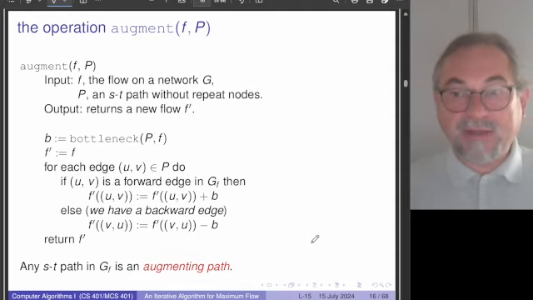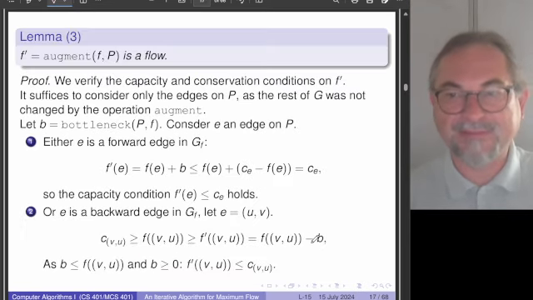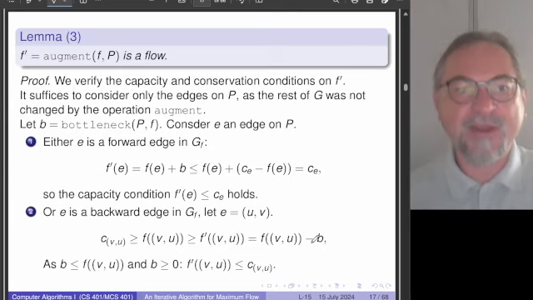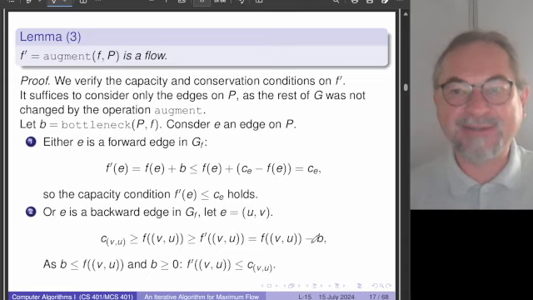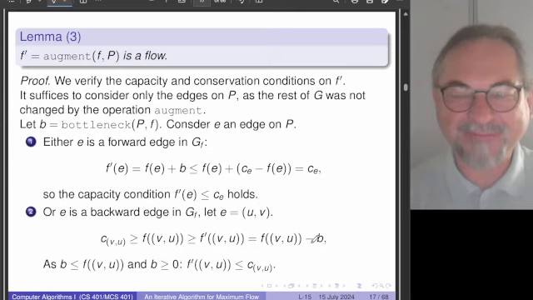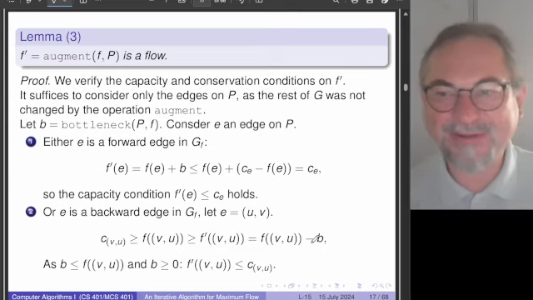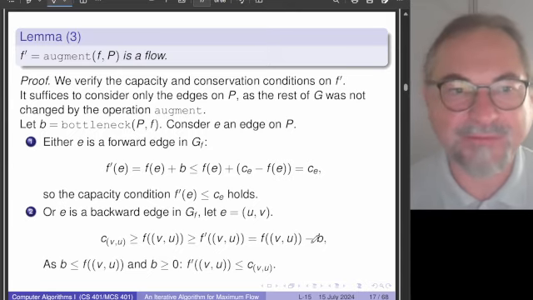Okay, so let me now see, is this actually now correct? So if we are computing in this way a new flow, call it f prime, the notation with prime may perhaps make you think about calculus, but we are very far away from derivatives.